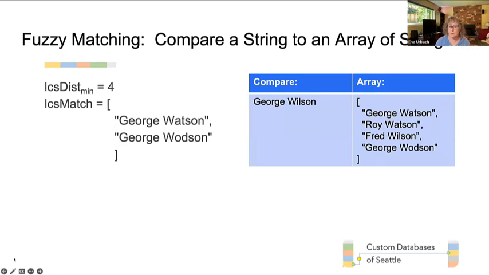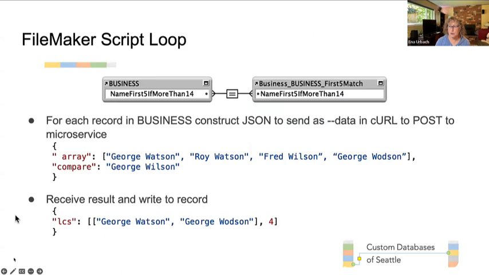So moving ahead to the idea of a FileMaker script loop, I'm showing a little bit of a relationship diagram here with a business table occurrence matched to another table occurrence from the same table, in which the first 5 letters of the business name match.